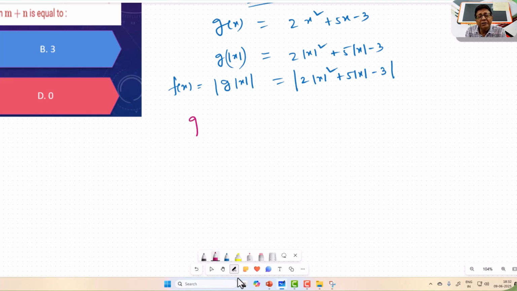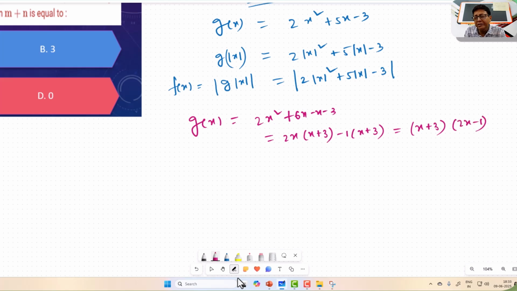2x square plus 5x minus 3 can be factorized. This is nothing but (x plus 3)(2x minus 1).